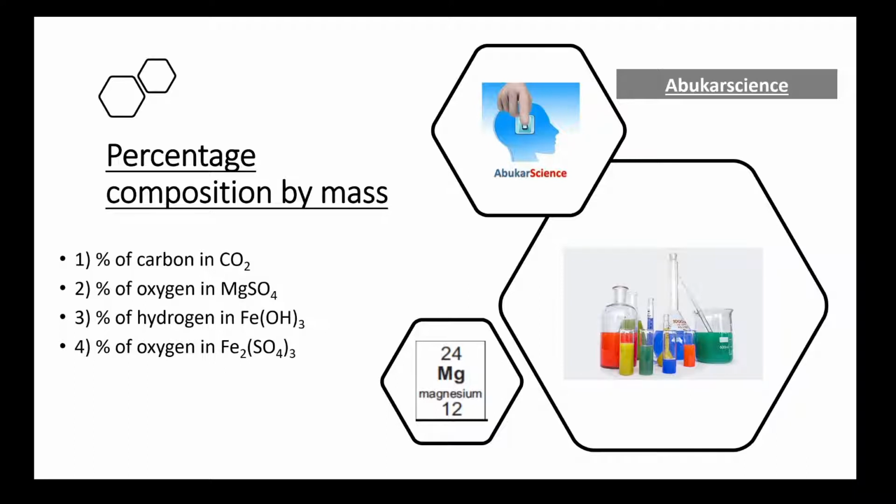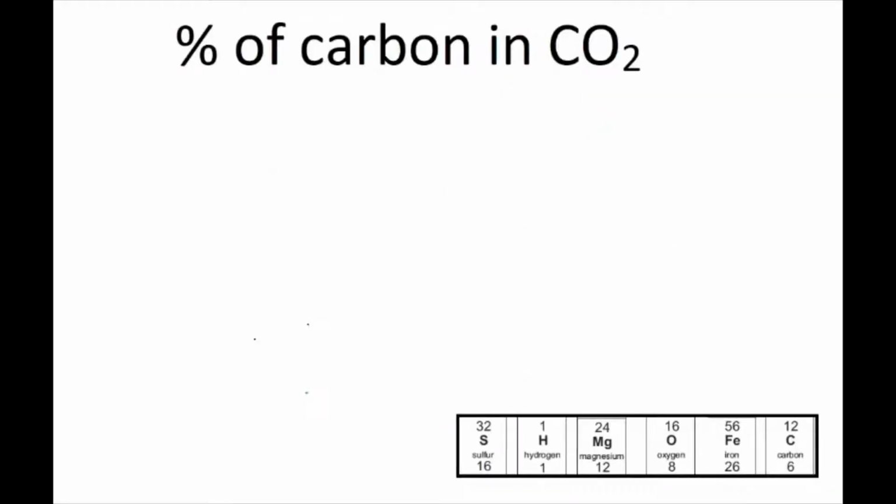So our first example is the compound CO2. This question wants us to work out the percentage of carbon by mass in CO2. I'm going to work out the relative formula mass of CO2. So I've got 1 carbon and 2 oxygen atoms, so I'm going to use the mass numbers.